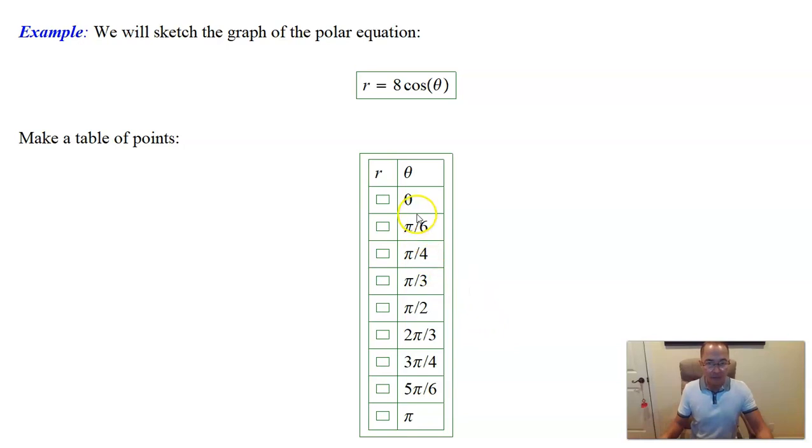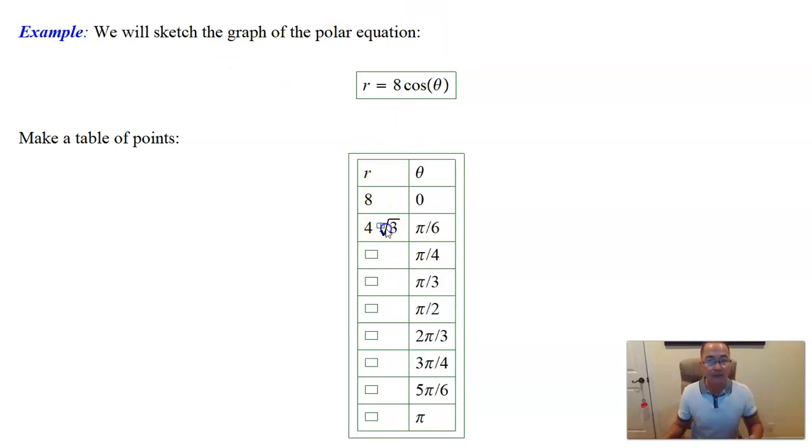We'll go from 0, pi over 6, pi over 4, pi over 3, pi over 2, 2 pi over 3, 3 pi over 4, 5 pi over 6, and pi. Do you know your trig? Cosine of 0 is 1, so r is 8 times 1, which is 8. Pi over 6: cosine is square root of 3 over 2, so times 8, that will be 4 square root of 3.